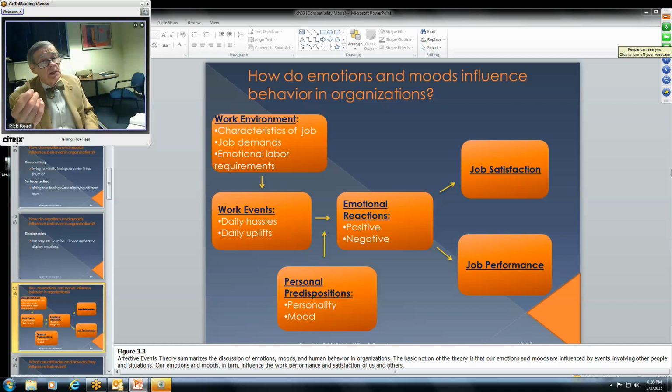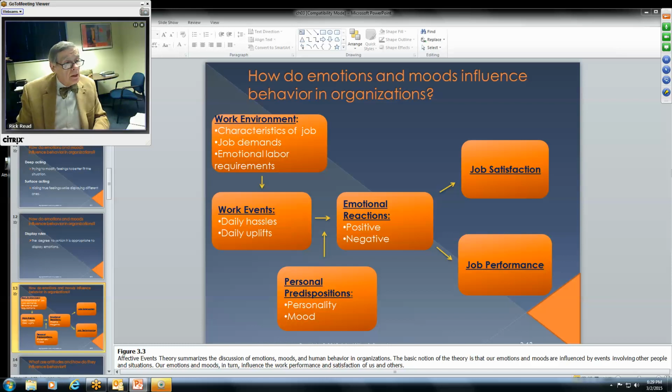Do we have a positive personality? Do we have a can-do personality? Do we have an openness to experience personality? We'll probably go forward in a positive manner to job satisfaction and job performance. Same way moods could. You know, if we're on a high, emotional high, a high mood, same thing. Negative, we're probably going to have just the reverse. So we'll talk a little bit more about job satisfaction in a few minutes.